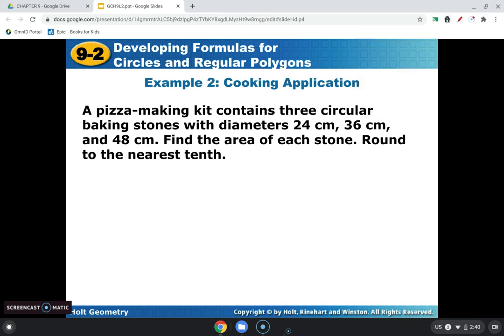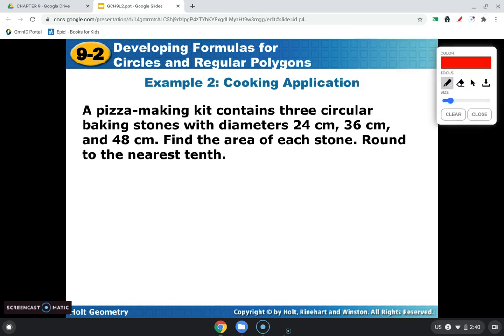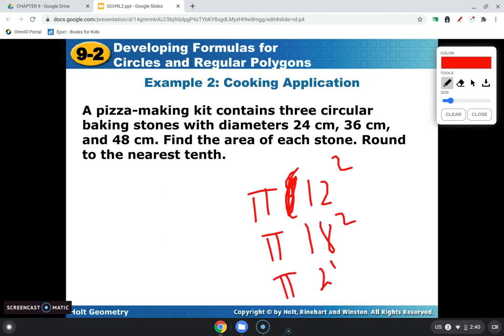Now those are the diameters. So it's pi times 12 squared, pi times 18 squared, and pi times 24 squared.